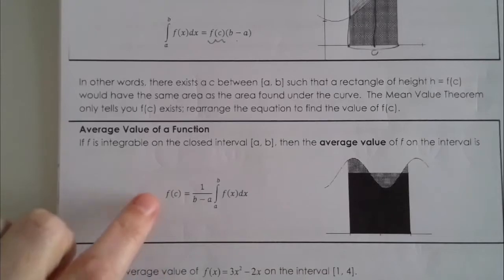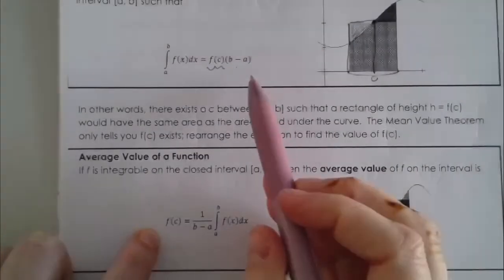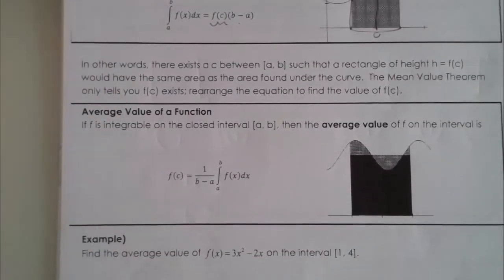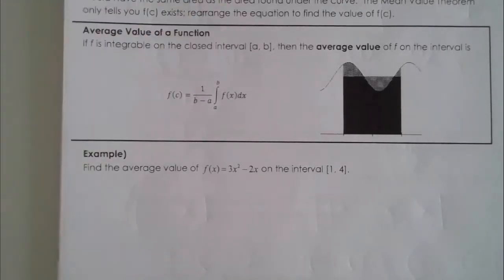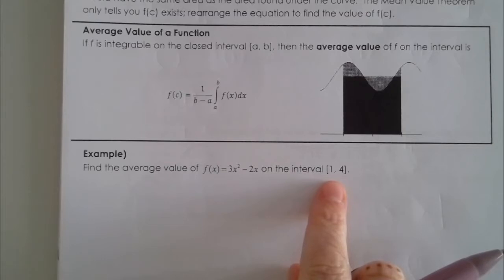To actually solve for that f of c, we would use the average value of a function. And the way that we've gotten from here to here is basically we've just divided by this b minus a right here. So the average value of a function is really what you're normally solving for. So find the average value of this on the interval right here.